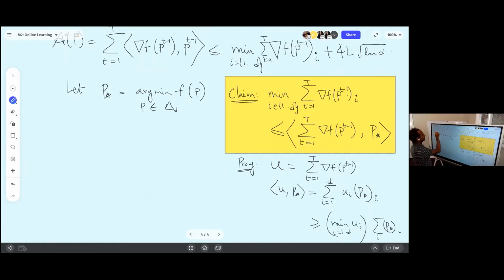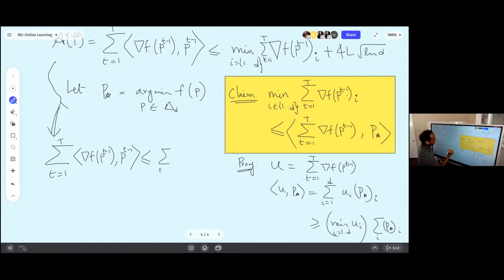These two imply some kind of nice inequality: if I look at all the iterations and the inner products of the gradients with their iterates, this is at most a similar quantity, but the inner product with P star, plus this additive 4L square root of T ln d term.